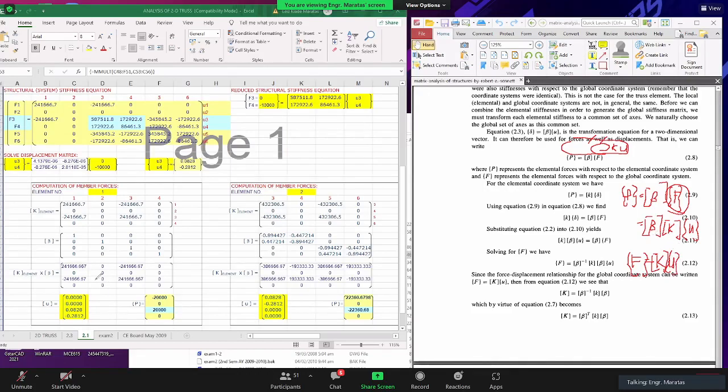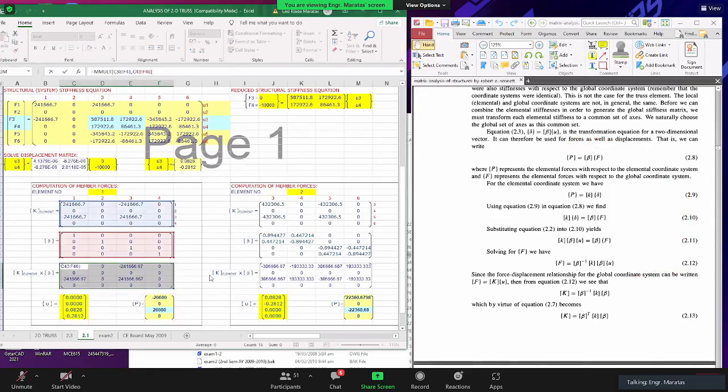So now this is our beta matrix. Kindly take note also of the formula for the beta matrix. This is our elemental stiffness matrix, and this is our displacement matrix. So that is how to solve it. This is actually the product, no?